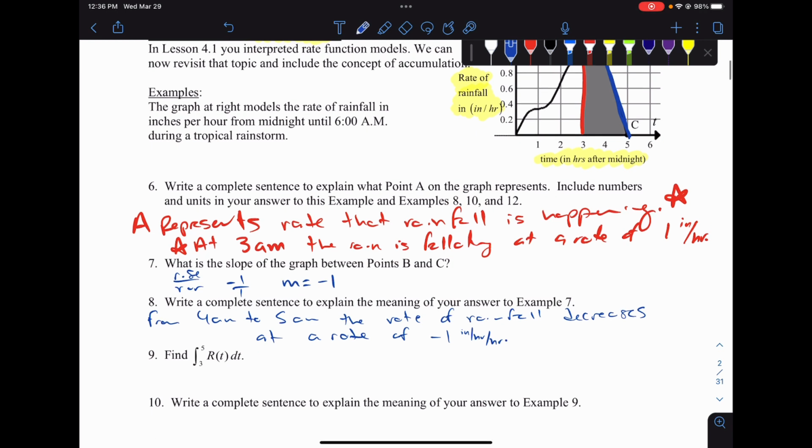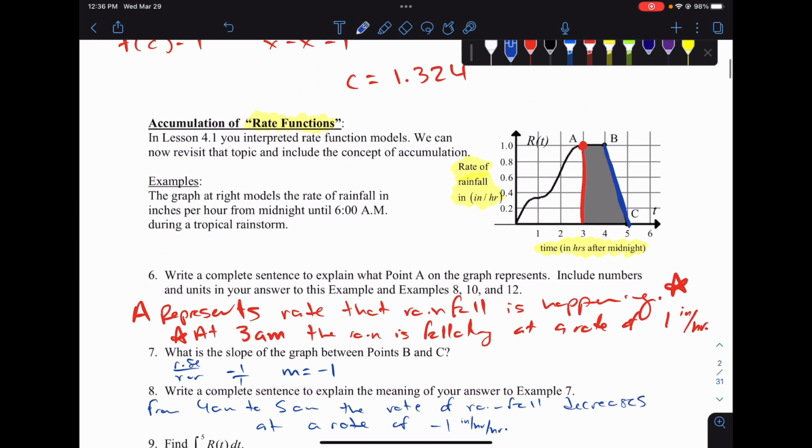Number 9, find the integral from 3 to 5 of r of t. It's been a long day, guys. Integral from 3 to 5 of this function. So it wants me to find the area under the curve from 3 to 5. So I'm going to do that geometrically. I'm going to use this area right here because I don't know the actual function, and I'm going to use that rectangle and that triangle.